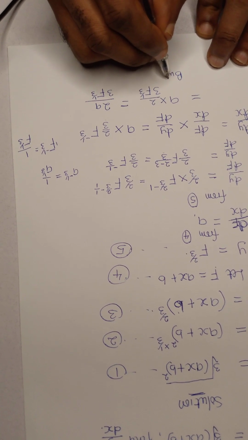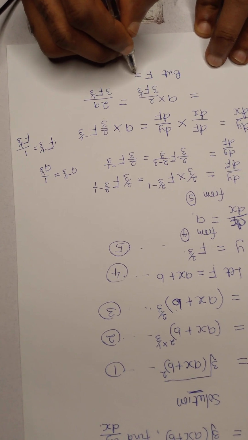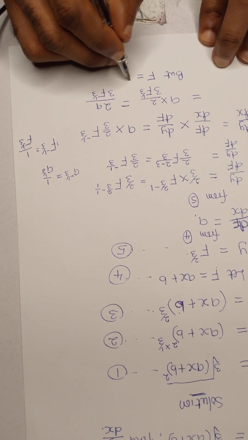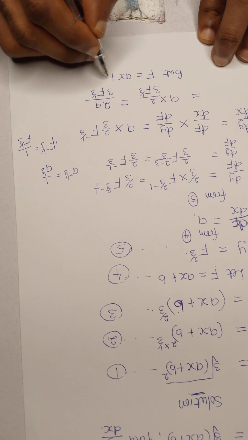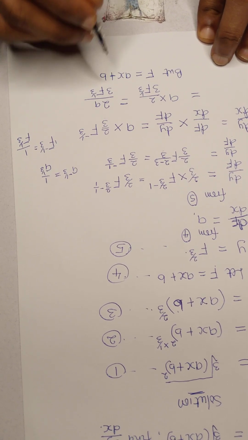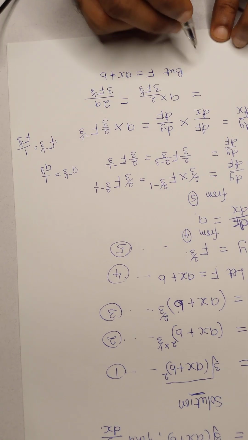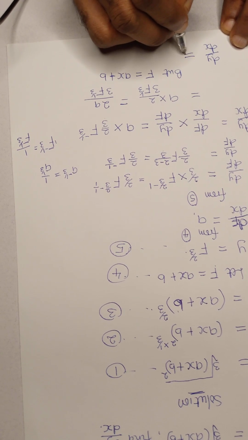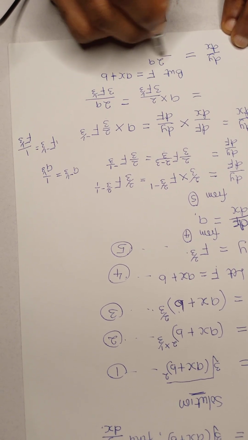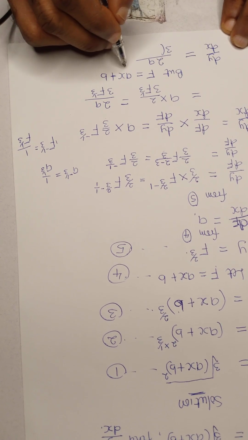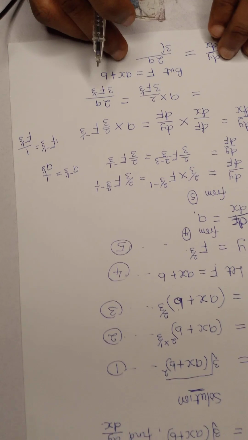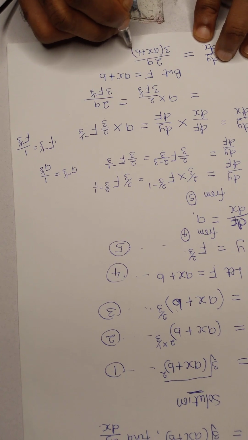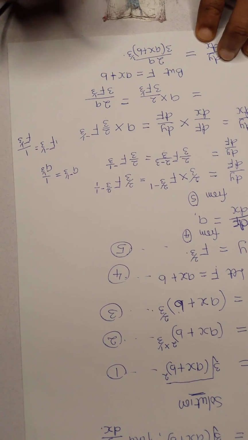But we know that, remember, f is equal to ax plus b. So we now bring that value here, so that dy over dx will be equal to 2a over 3 times the value of our f, which is ax plus b, raised to the power of 1 over 3.